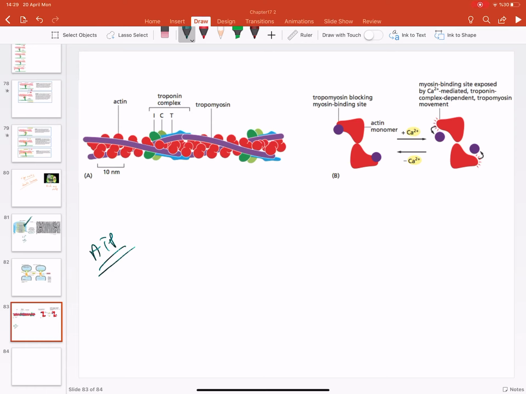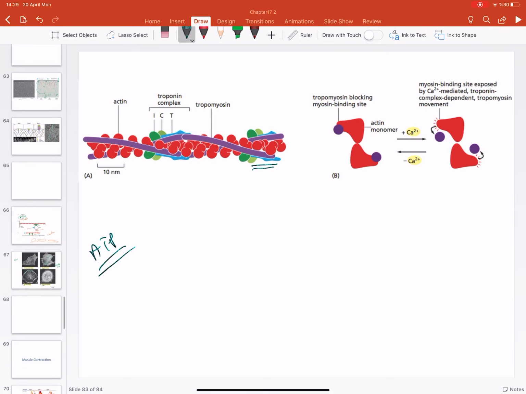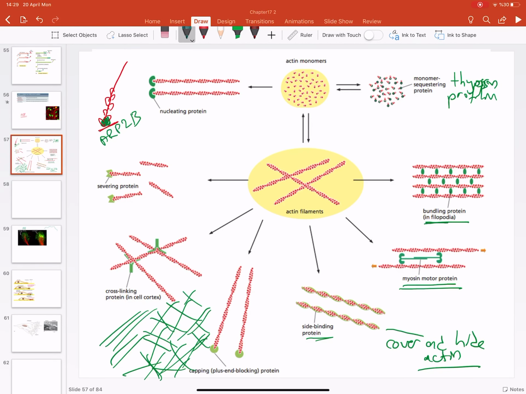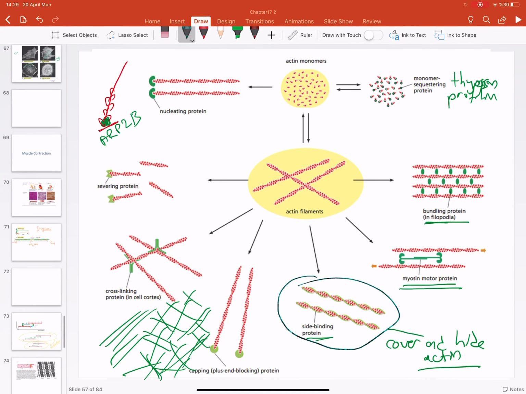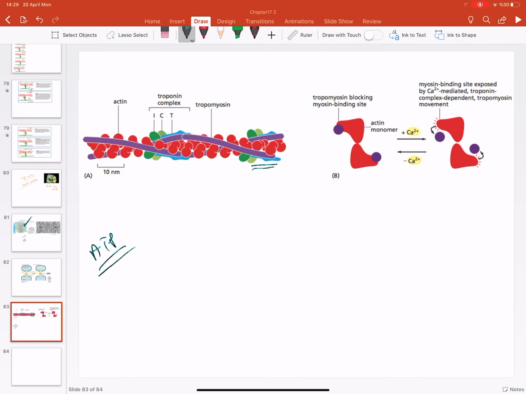So what prevents the muscle contraction is not the lack of ATP, but that the surface of the actin cytoskeleton is not available. Remember, there were actin binding proteins. Some of them surround the surface and make it unavailable. It hides the actin cytoskeleton. Here the tropomyosin complex and troponin complex hide the actin cytoskeleton by covering the surface.